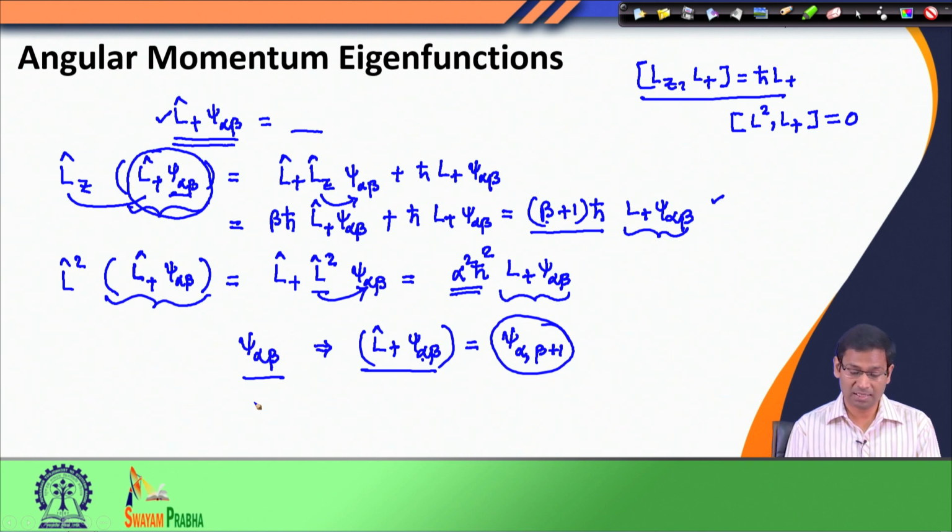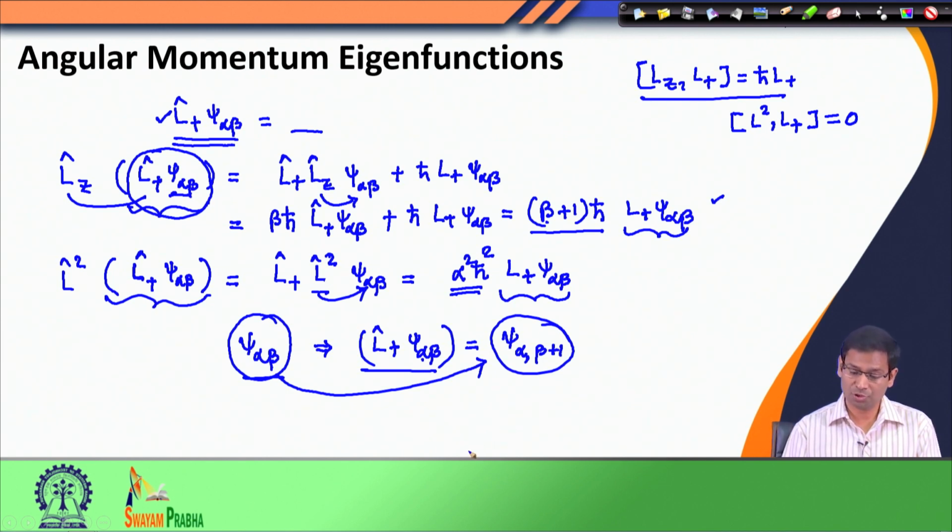So, starting from one eigenfunction of the L square and Lz operators, I have come to a point where I can find another eigenfunction of these two operators. And how did I get that? I obtained it by using the L plus operator.